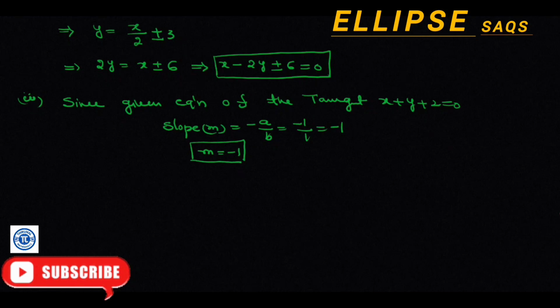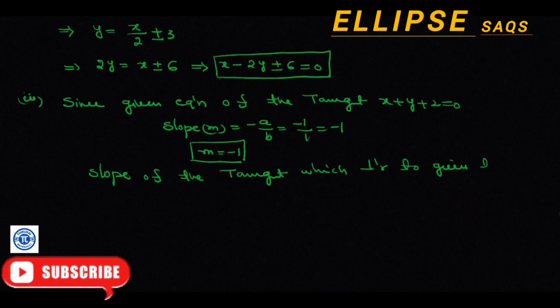Next, now slope of the tangent which is perpendicular to given line x plus y plus 2 equal to 0 is m equal to 1.